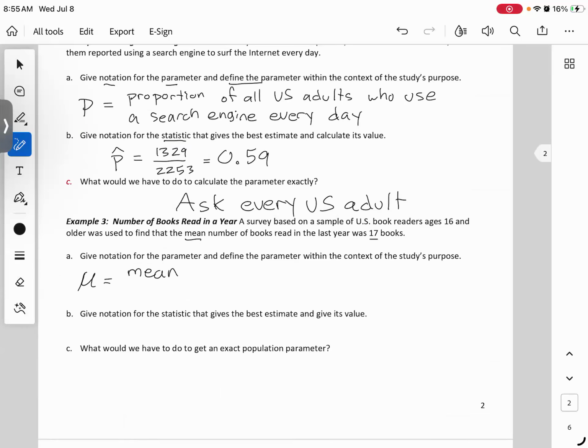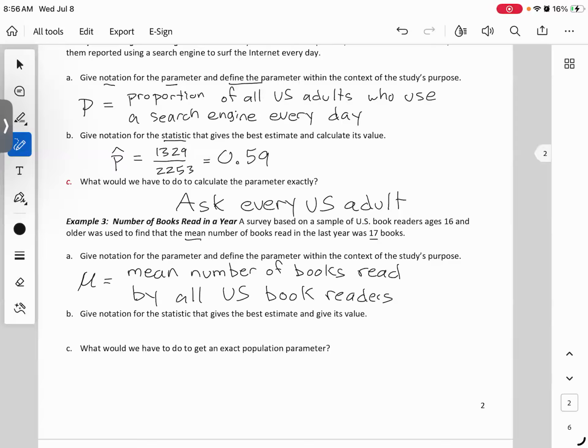You would start off with that this study's type of parameter was a mean, and then you would talk about the variable: the mean number of books read by all U.S. book readers. And they also had in there the specific age, but right now I'm just mainly trying to focus on when you do the homework that you get the main gist of it.